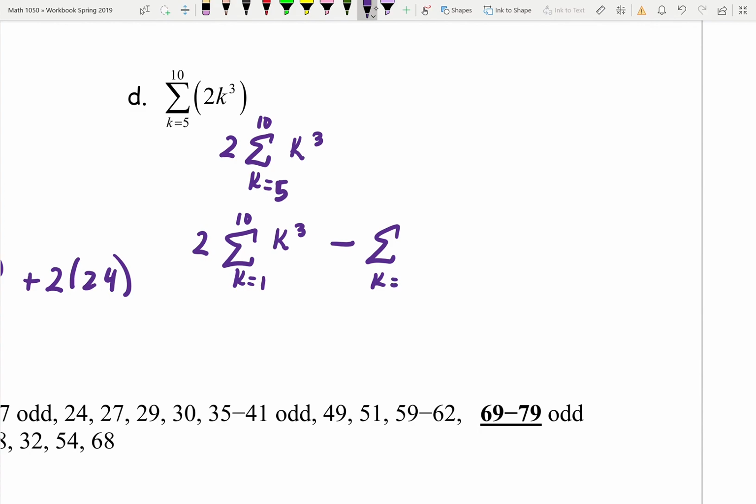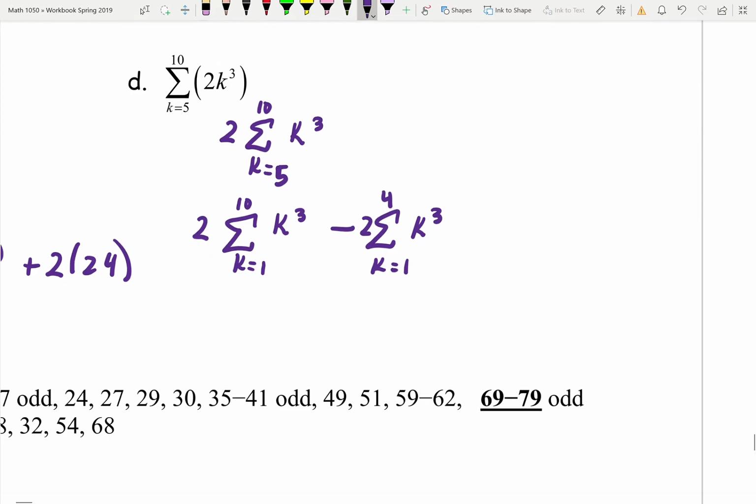Which ones do I have to get rid of? 1 through 4. So k equals 1 to k equals 4, there should be a 2 in front of that, of k to the third. So let me summarize that. I only want to add 5 to 10, so I took all of them and then subtracted out the 1 through 4. Who says I got you?